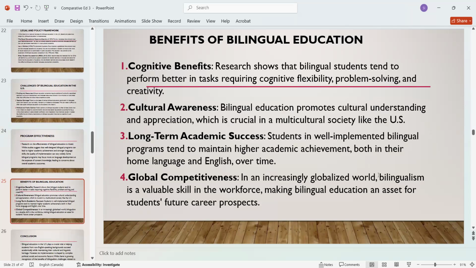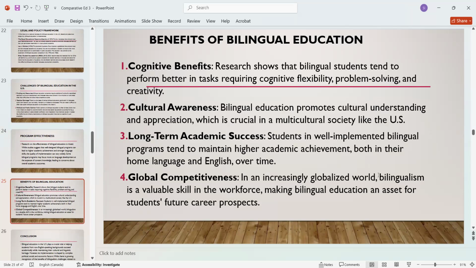So now, benefits of bilingual education. This is common to all. Even we have bilingual education in Sri Lanka. So the same benefits will be appropriate to us also.